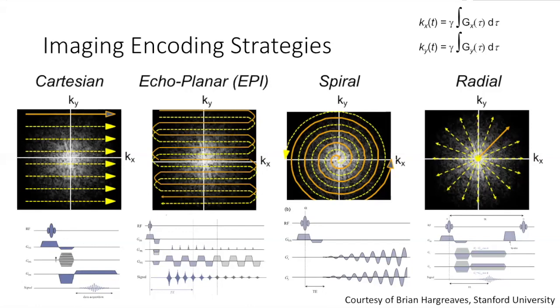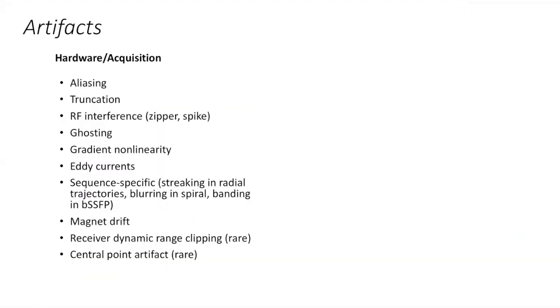And it's just important to note how different the gradients are operating for each of these strategies. And that's just another aspect to keep in mind as you're thinking about why a particular sequence that you're running is causing a particular artifact. And so with that, I'll actually get into some of the artifacts, show some examples.